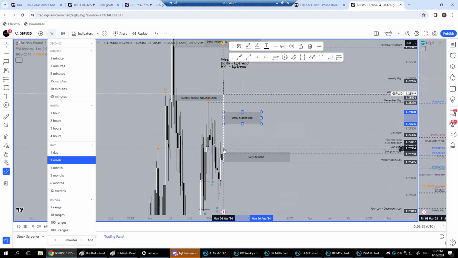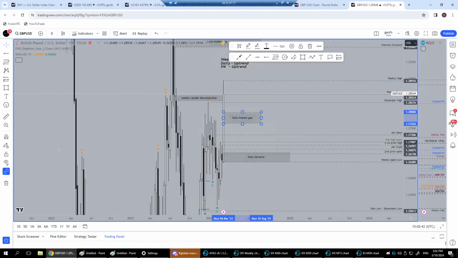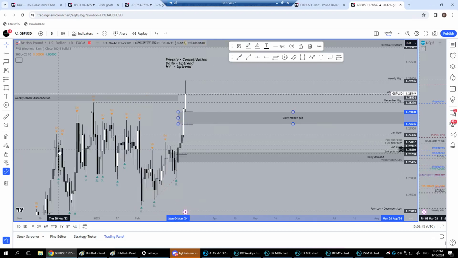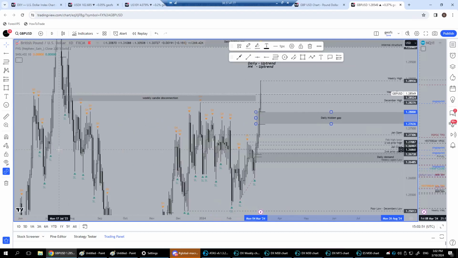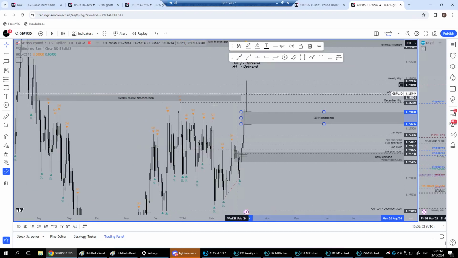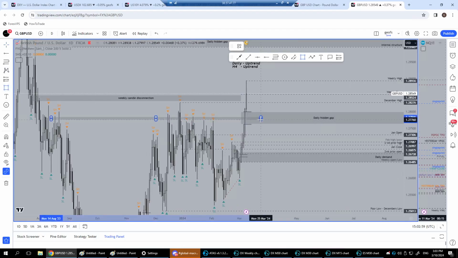I've just marked the highs and lows for the weeks, just in case there's some confluences. This is what you would call a significant support and resistance level.